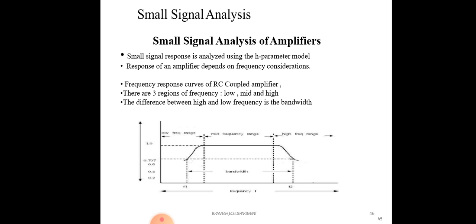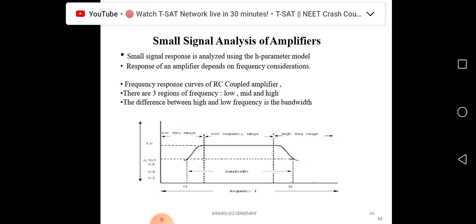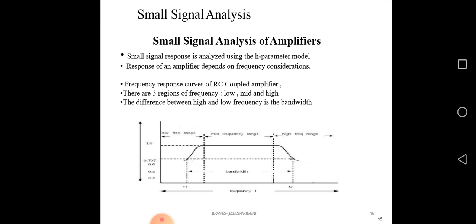Low voltage means less than 5 volts, in millivolts; in terms of low signal, the amplitude is low.